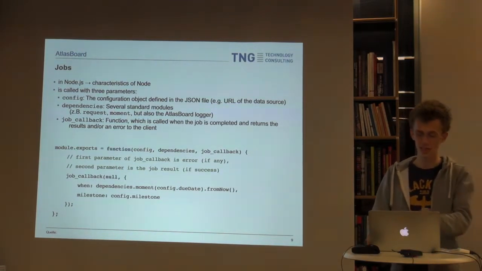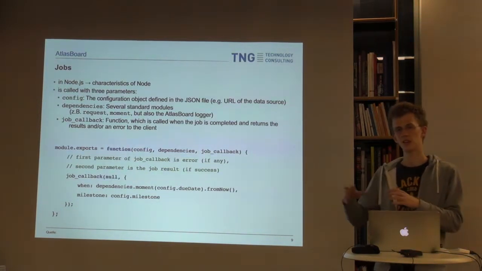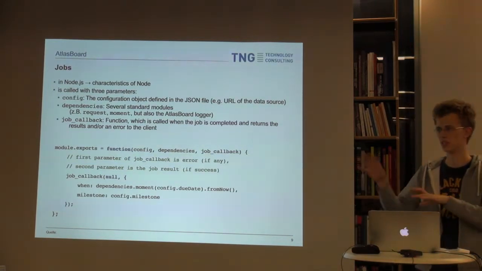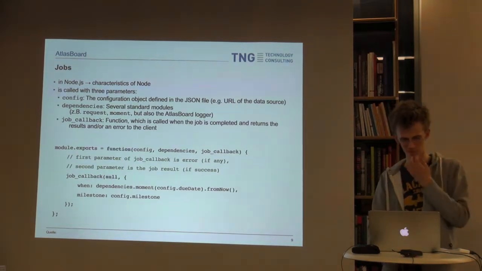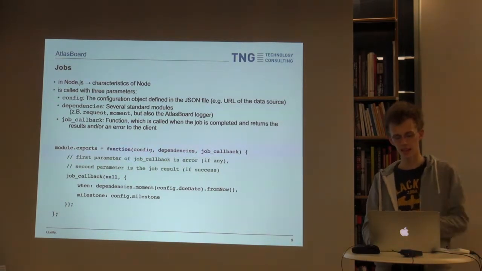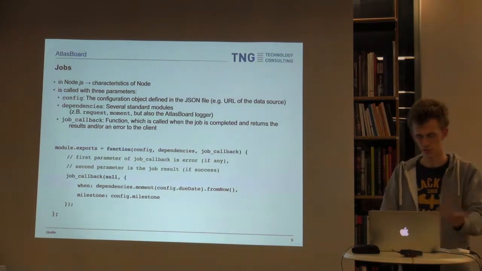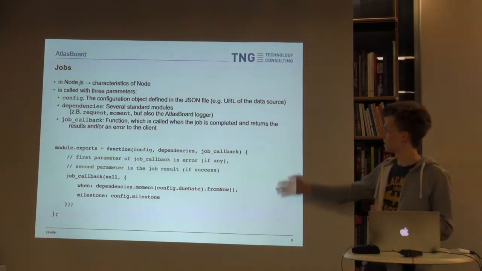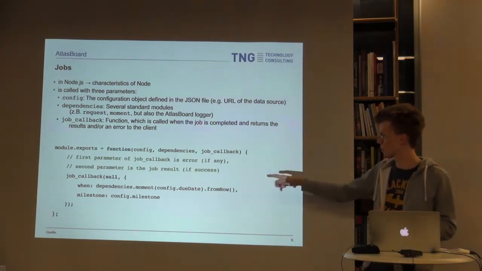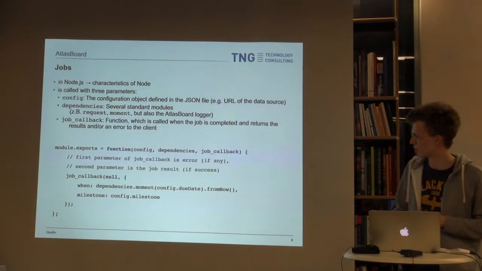Quite usefully, it has its own logger, which logs from the client side and the server side into one central log, so you can see where things go wrong. It's all very centralized. Then there's the callback function, which is called when the job is completed and returns the result. So this is what a minimalistic program would look like. Just do something and return. Well, you don't do anything, you just return stuff from the configuration.